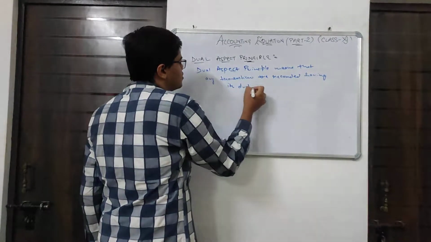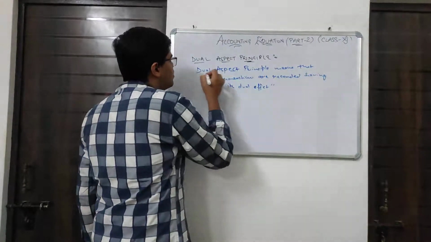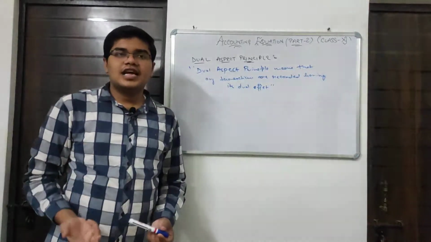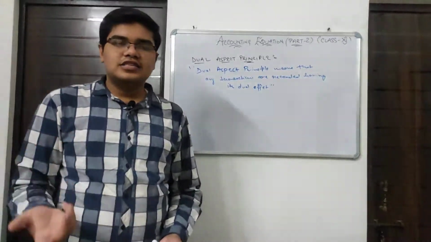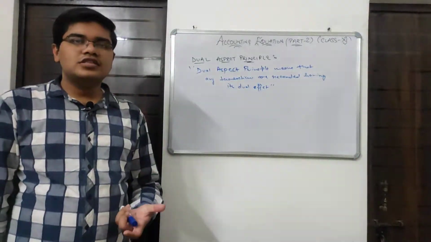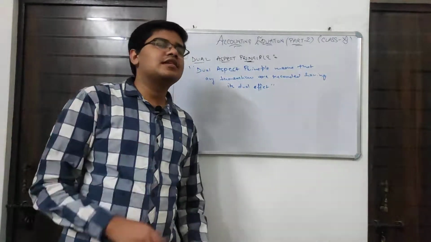You can note it down also if you want. So the dual aspect principle states that whatever transaction we are recording has its dual effect, or two effects. Now let us see how the dual aspect principle affects the accounting equation with a practical example.